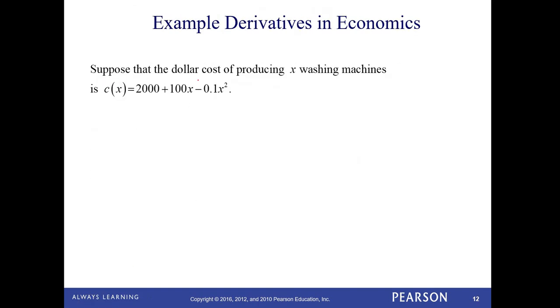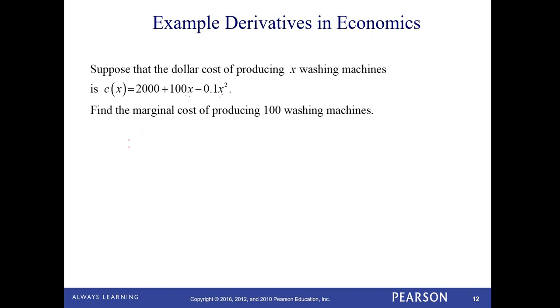So here's an example. Suppose that the dollar cost of producing x washing machines is this function. The cost, dependent upon how many machines I'm producing, will go up or down. Find the marginal cost. All that's saying is find our derivatives.